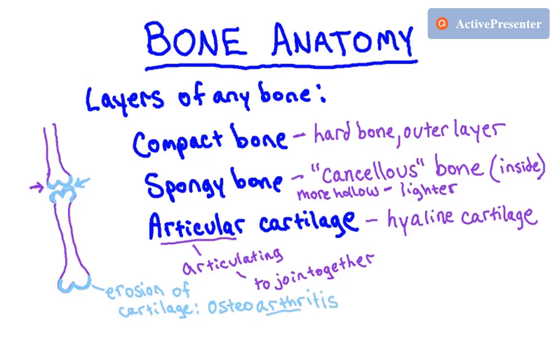Because arthro means joint, so it happens in your joints, and osteo obviously means bone. So it's a condition of the bones at the joints. So osteoarthritis is the erosion of that hyaline cartilage wearing down, and so all of a sudden you don't have that and you just have bone rubbing on bone. It's very painful.